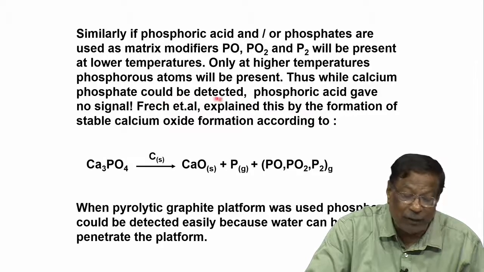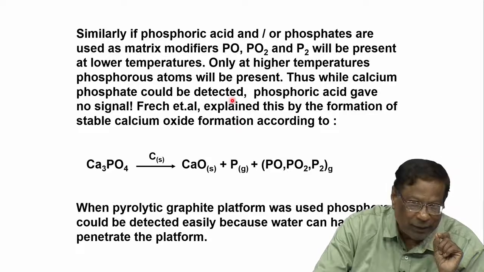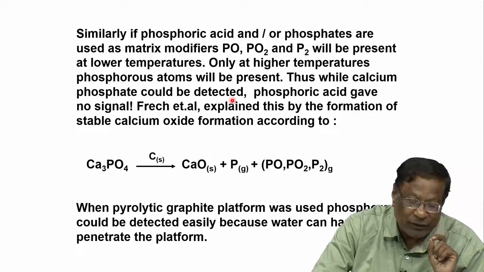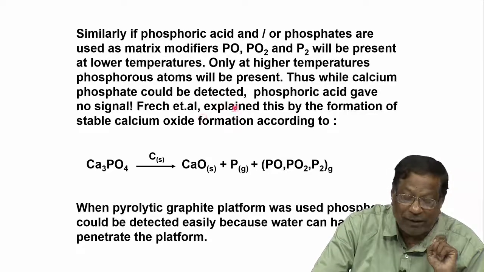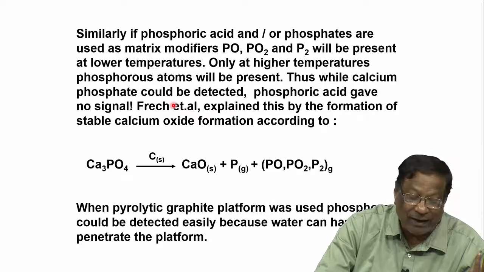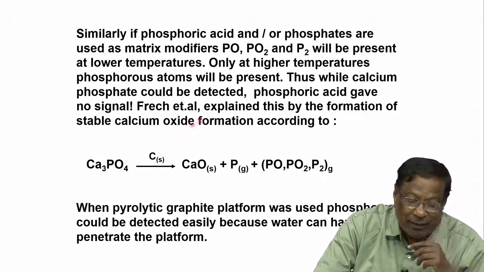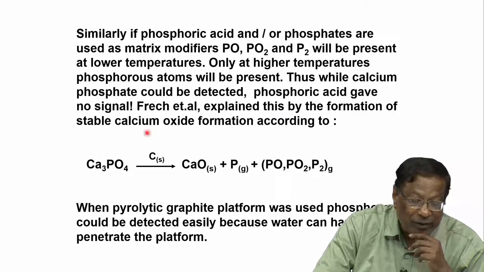So, while calcium phosphate can be detected, not phosphorus PO2 or PO or something, calcium phosphate can be detected, phosphoric acid cannot give any signal, correct. So, this point has been explained by the formation of stable calcium oxide according to this reaction.